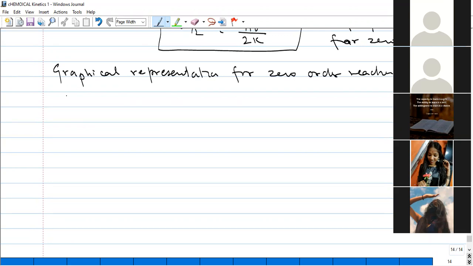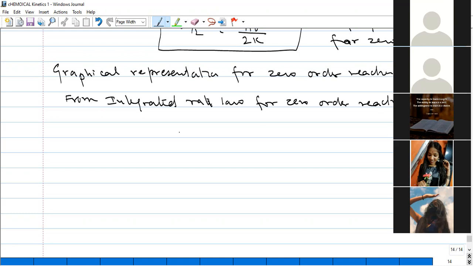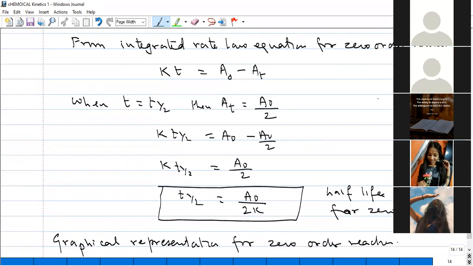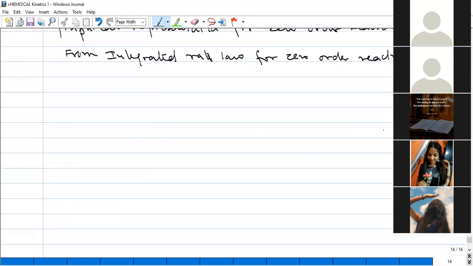From integrated law for zero order reaction, what did we get?